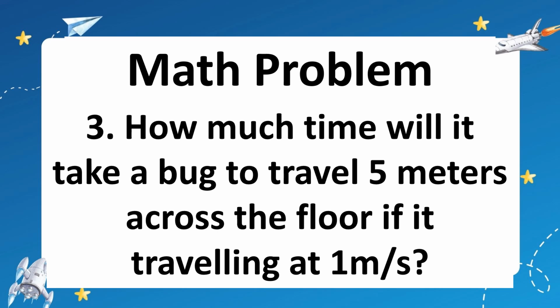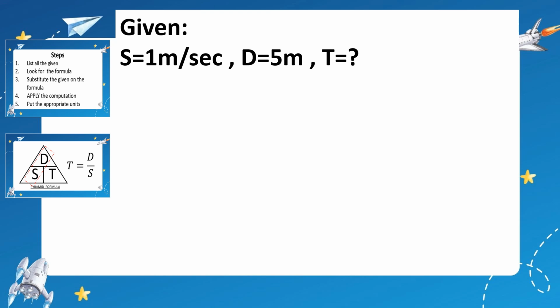So how much time will it take to travel the 5 meters across the floor if it is traveling at 1 meter per second? So again, let's put the given. The speed is equivalent to 1 meter per second, and the distance is 5 meters.